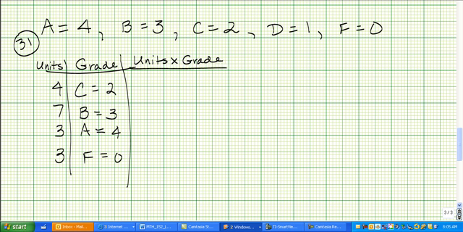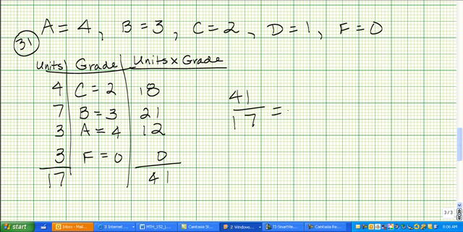So 4 times 2 is 8, 7 times 3 is 21, 3 times 4 is 12, 3 times 0 is 0. So we're going to get 41. And we want to divide by the number of credits, or the number of units, and in this case this student is carrying 17. 10 plus 7 would give us 17.